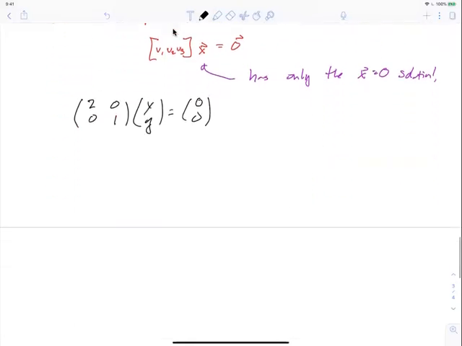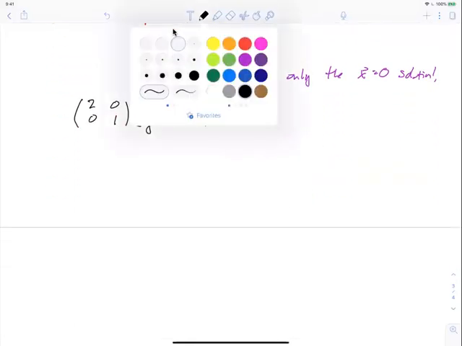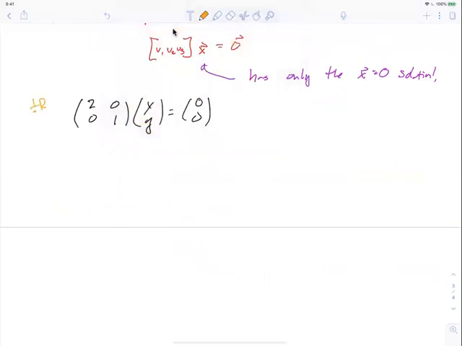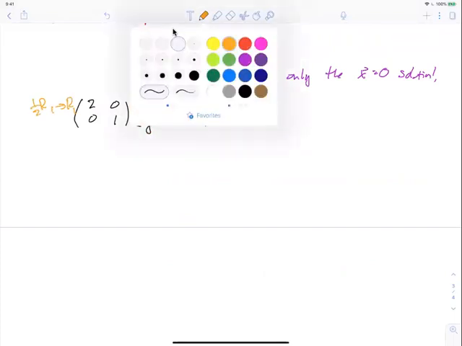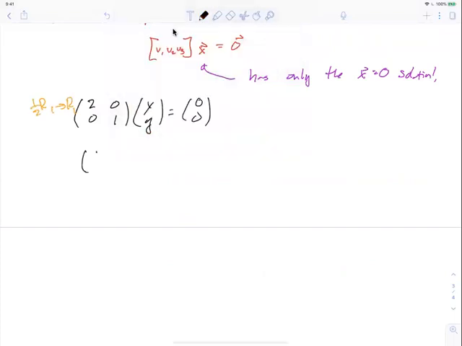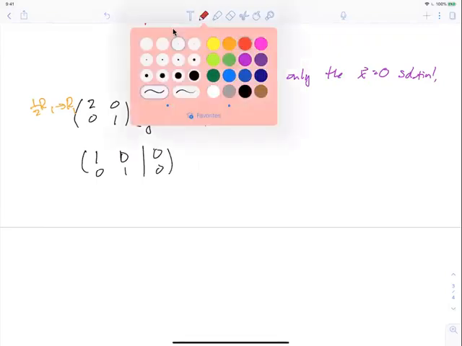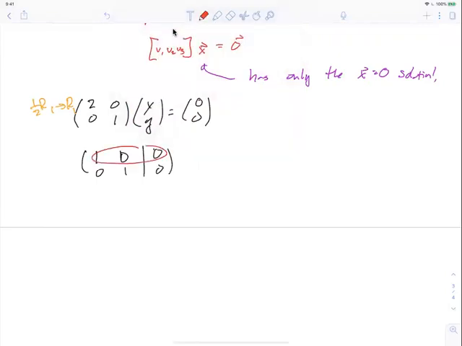And what's really nice is it's almost done for us. All we need to do is a little bit of row reduction. I guess we can just turn this into an augmented matrix. And in one step, we get something that says, okay, the first row tells us that x equals 0, and the second row says y equals 0.